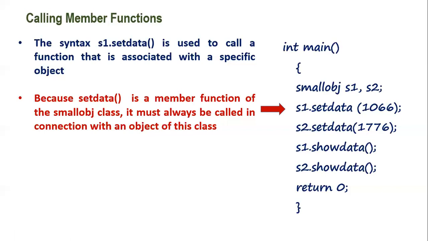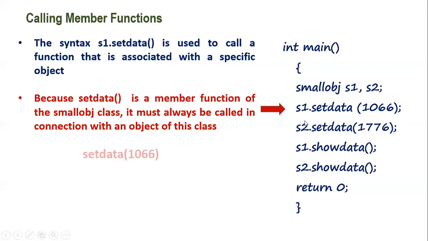That is why I call the member function in connection with an object of the class, that is, S1. Similarly, if we have more objects, I can always call the same function in connection with all the objects of the class. So here I have called it twice, one in connection with the S1 object and another in connection with the S2 object.